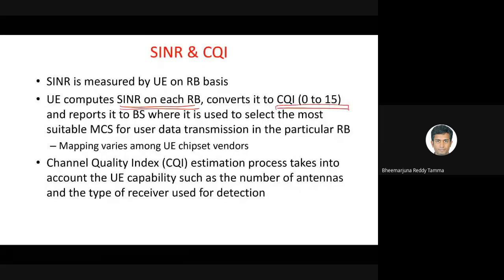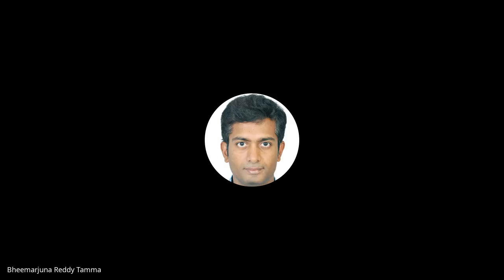How we are going to use CQI is in the context of selecting MCS. So when the user equipment is transmitting these CQI values to the base station, the base station uses the CQI to decide what should be the MCS for the next downlink data transmission that it is going to send to the user equipment.